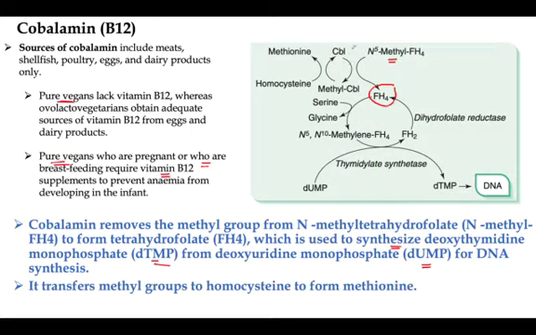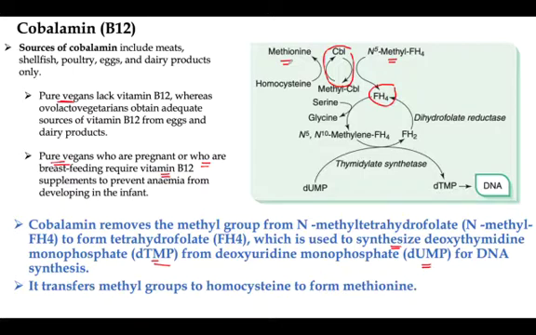Also, if you look at this particular part of the reaction, as cobalamin gets converted to methylcobalamin and back to cobalamin, there is a conversion of homocysteine to methionine. Now, methionine, if you remember from our amino acid lecture, is the precursor for cysteine residues.